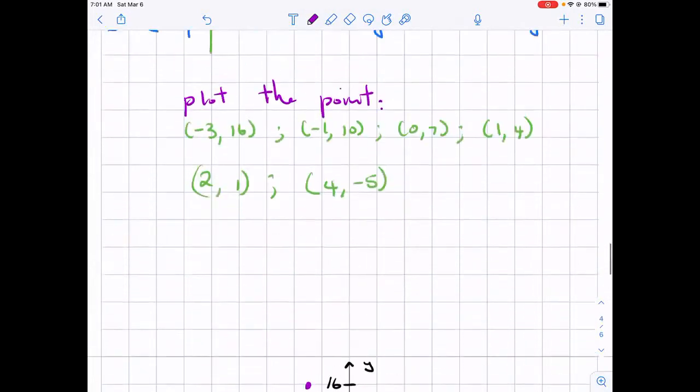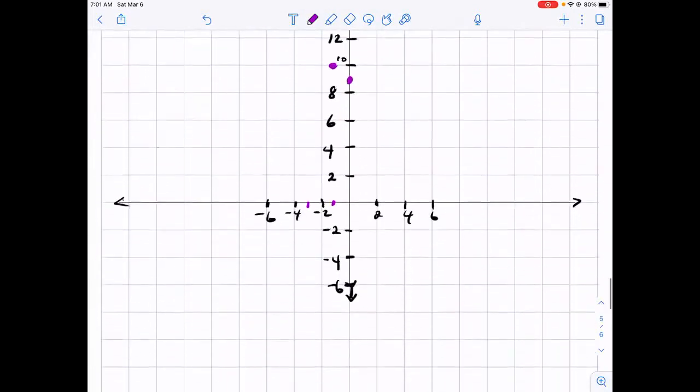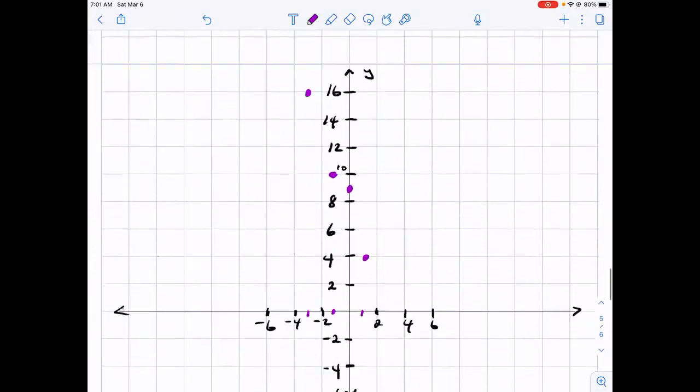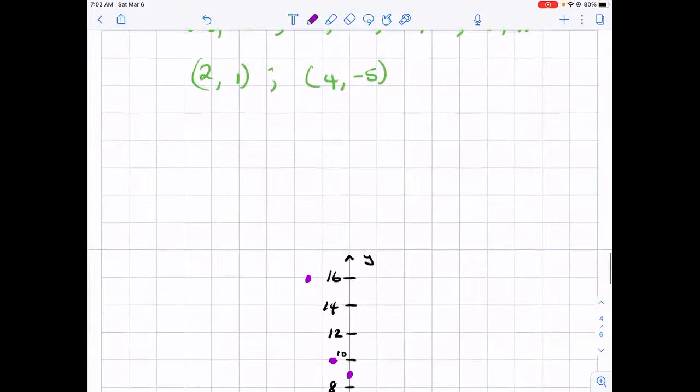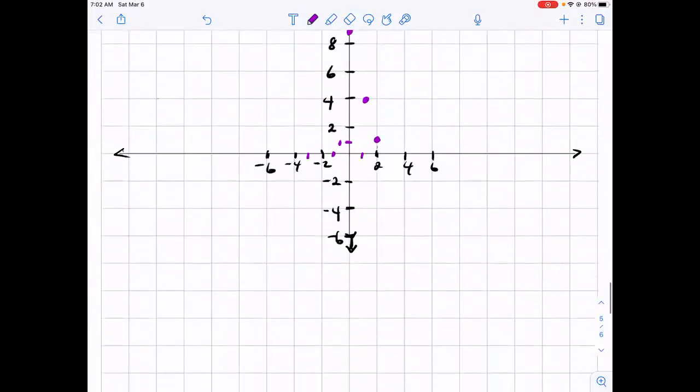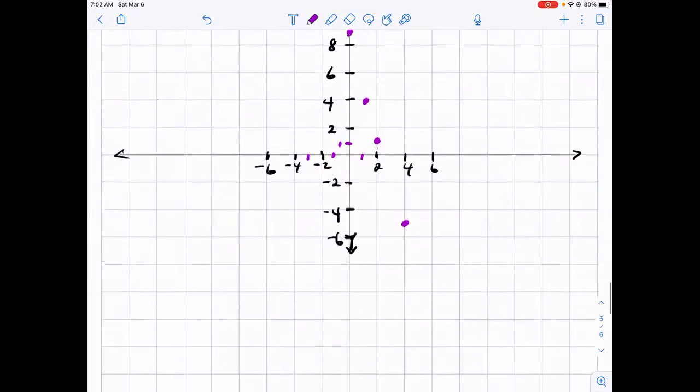Okay. Then we have 1, 4. So 1 is here. So 4 is going to be somewhere there. Then we have 2, 1. 2 is here. 1 is going to be somewhere over here. This will be 1. Then we have 4, -5, which will be somewhere down here. Okay.